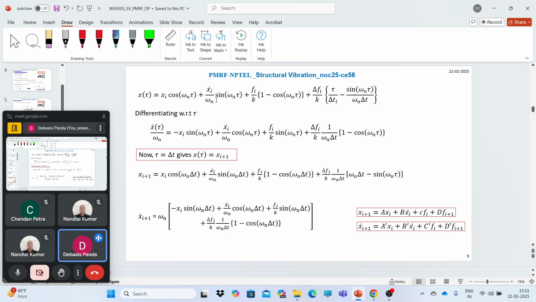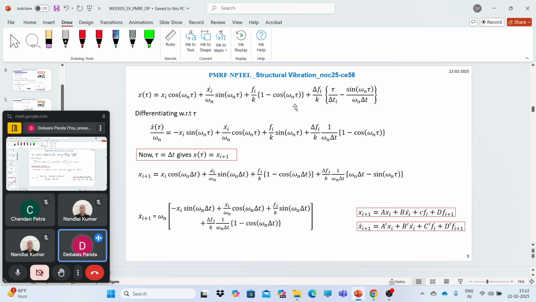Already you have solved for the free vibration part. Then we have the constant force term, represented by fi by k, 1 minus cos omega n t, plus a forcing term represented by del fi by k, which is due to the ramp force.